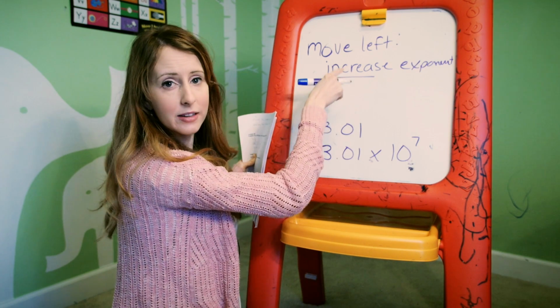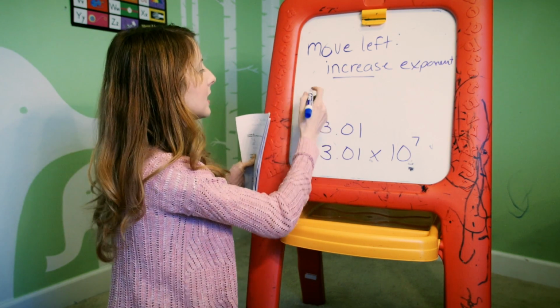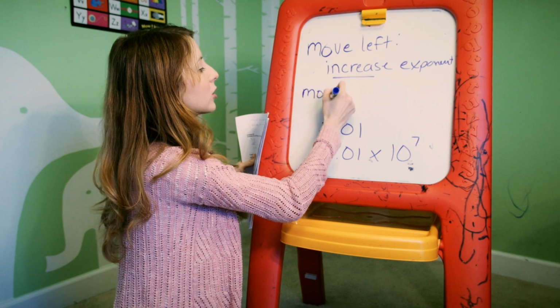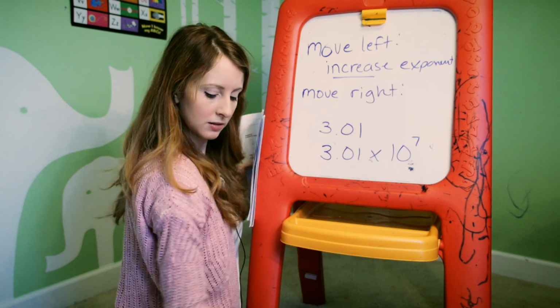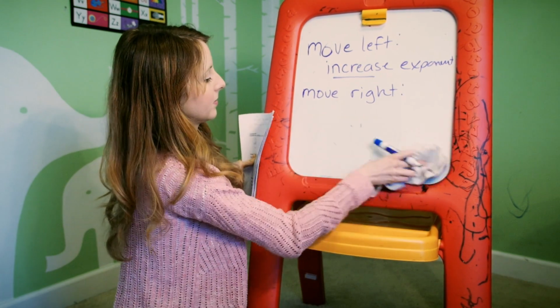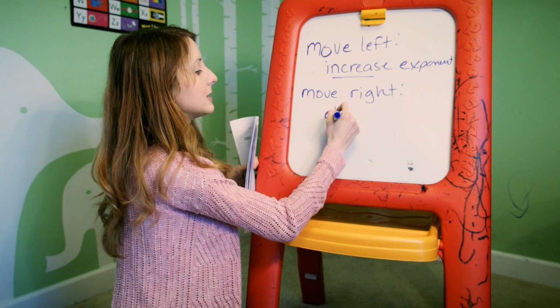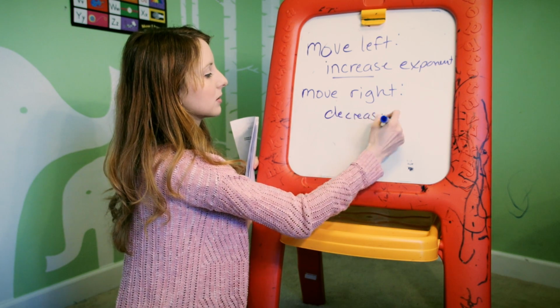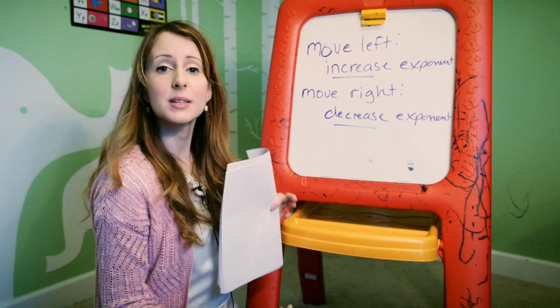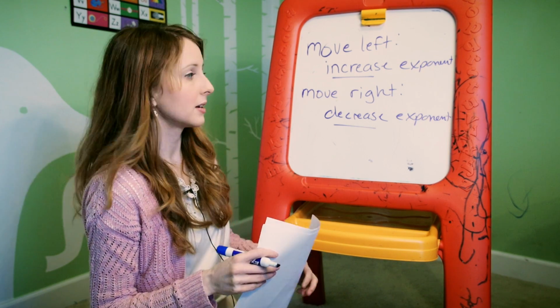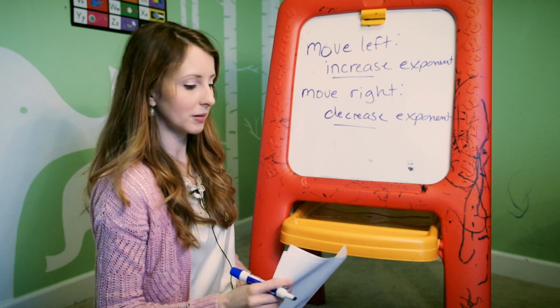So you're going to add the change to your exponent. If, in order to put it in correct scientific notation, you had to move it to the right, it will decrease your exponent. So then you would, of course, subtract your movement from the exponent.